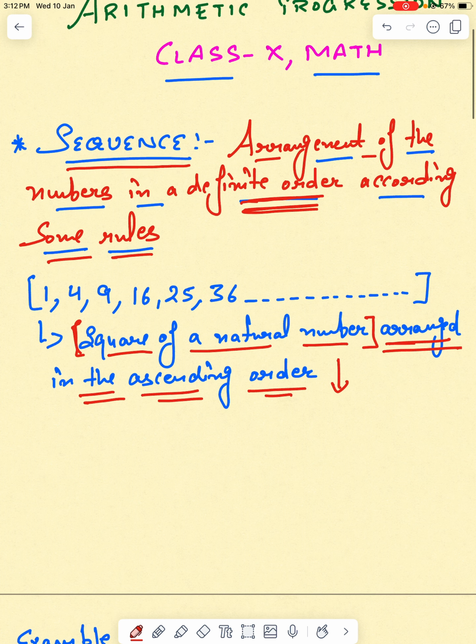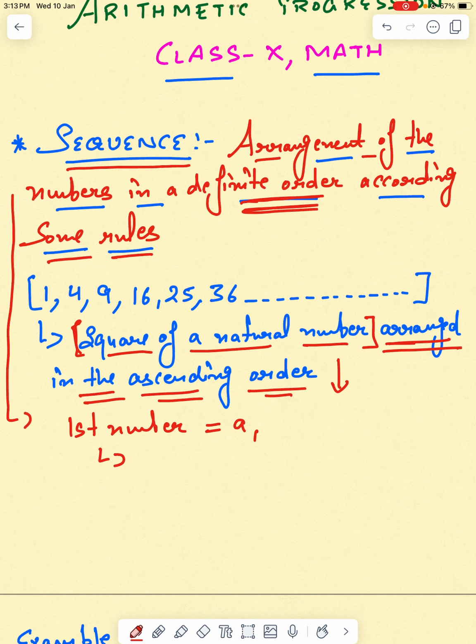If I generalize any sequence, the first term, or the first number, can be denoted with a1. Please remember, every number of a sequence is called a term. So a1 is the first number, or the first term, of any sequence.